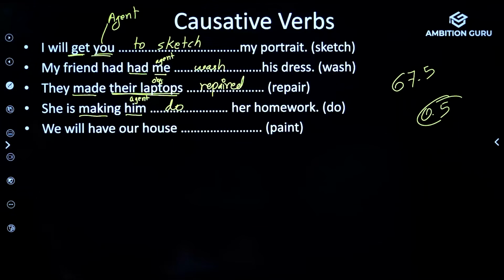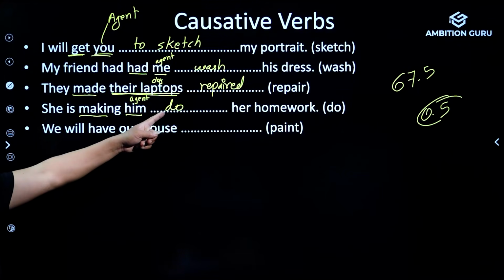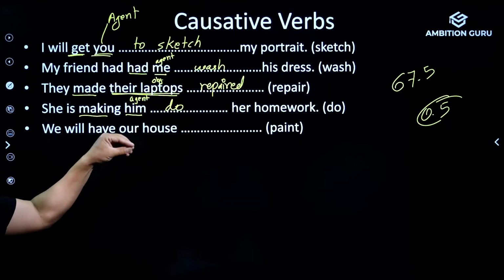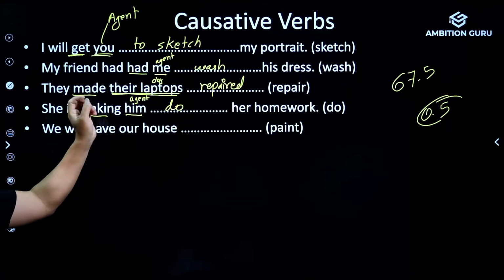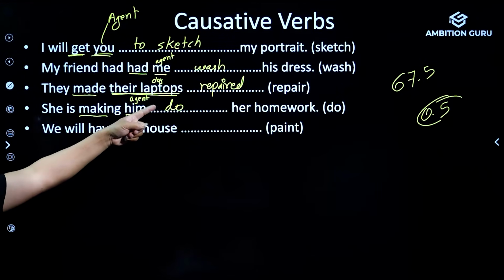Next question. We will have our house paint. Why not to? No, we don't use to here because make means you are forcing. That means she is forcing him. That's why here should be direct verb 1, not to.